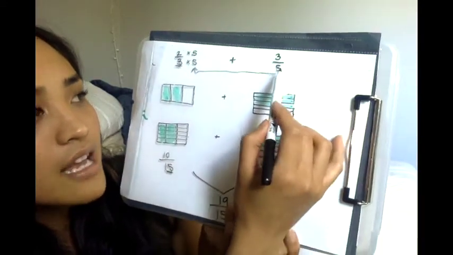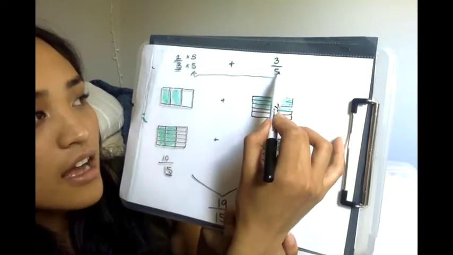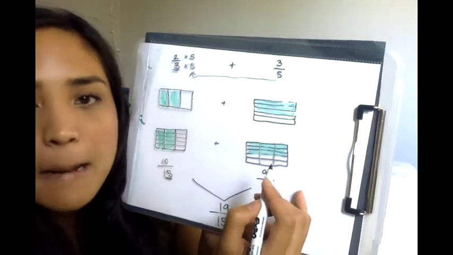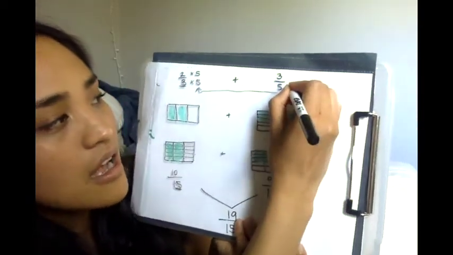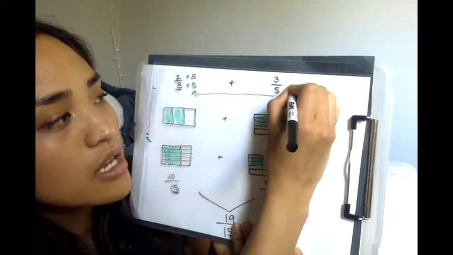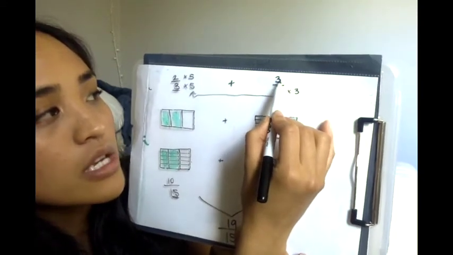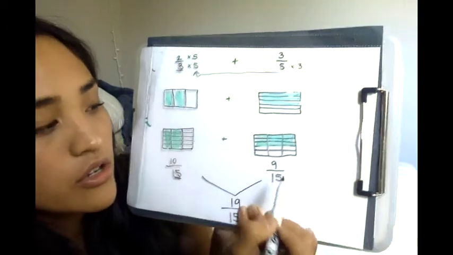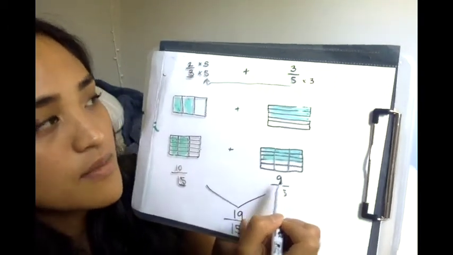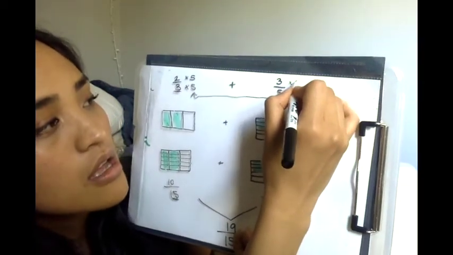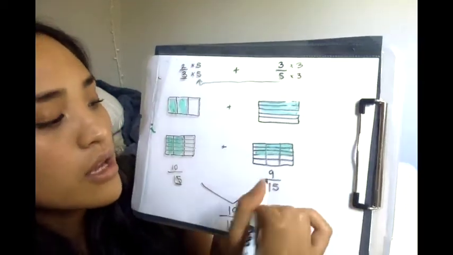Now, over here on this side, how did I go from 5 to 15? 5 times what equals 15? I actually multiplied it by 3. And how did I go from 3 on my numerator over here to 9? Well, same thing. Whatever we did to the bottom, we had to do that to the top. And I multiplied it by 3.